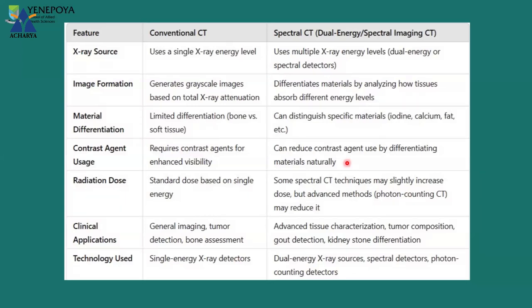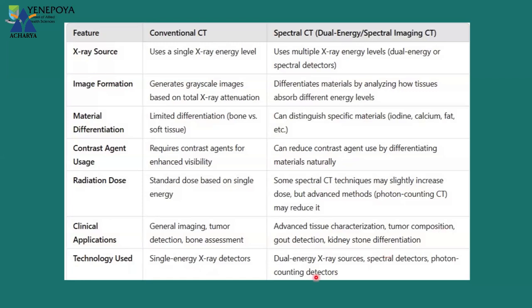The technology used in conventional CT is single energy X-ray detectors and tubes. But in spectral CT, you can have dual source CTs. You can have photon counting detectors. You can have a single source where the kVp is switched quickly.